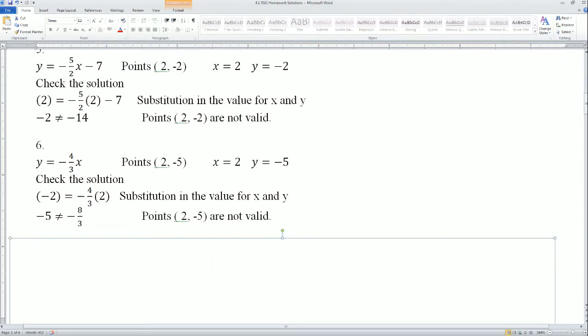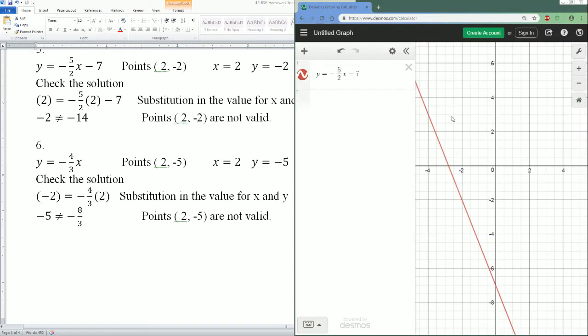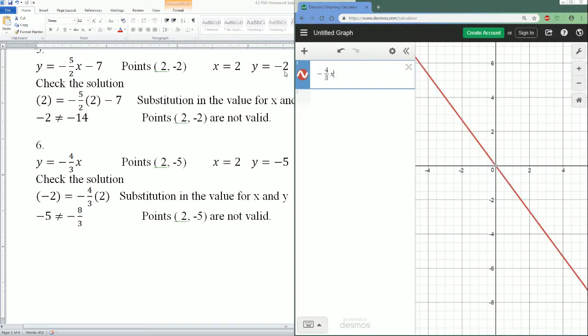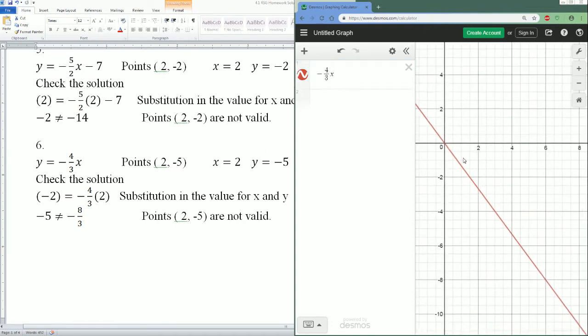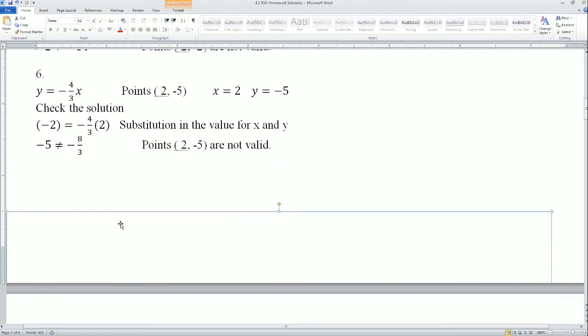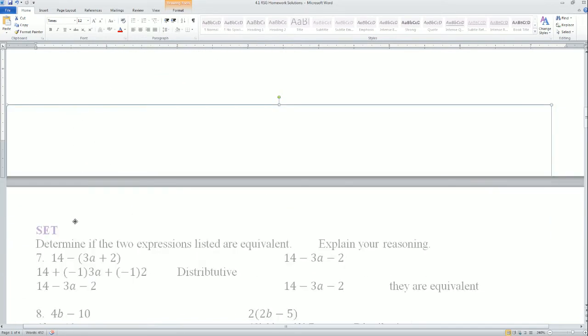You can look at the solutions there while I graph it for you. Let's see if the point 2, negative 5 is valid. Nope. Looks like 2 and 2 2/3 is a valid answer, but 2, negative 5 is not valid. So those are just how you can check, okay?